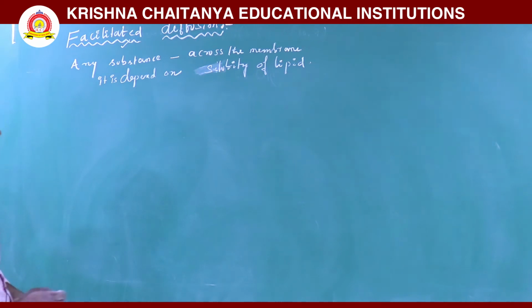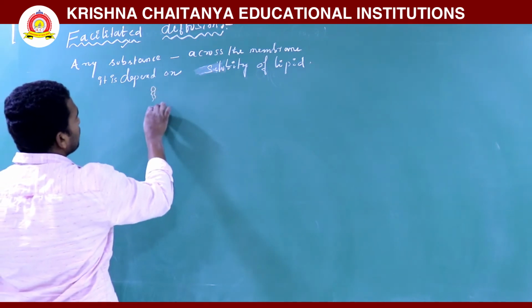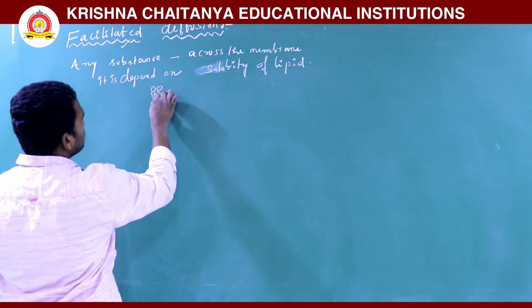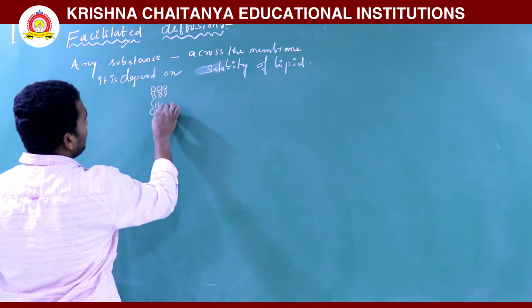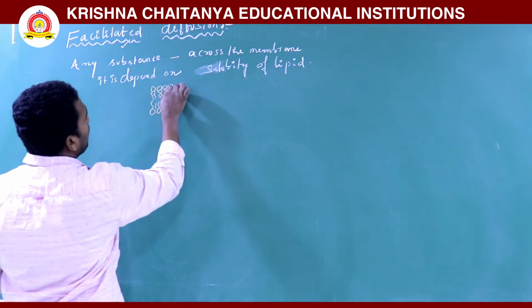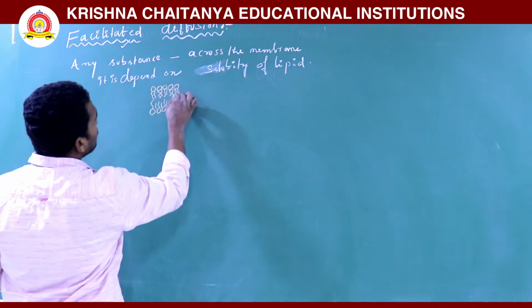Generally, this is the membrane. The membrane is made up of lipids, a lipid bilayer. Two layers are there.